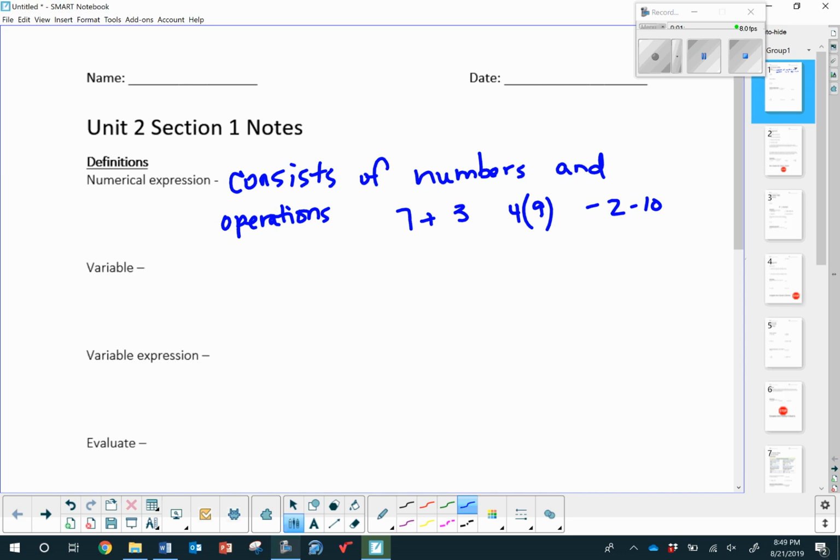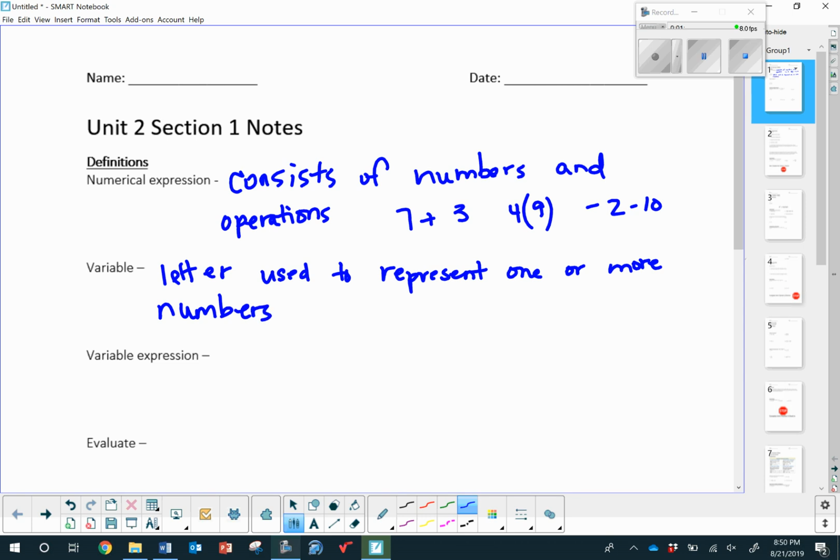A variable is a letter used to represent one or more numbers. So for example, a variable could be X, it could be Y, it could be H. The letter does not matter. Those are all variables.